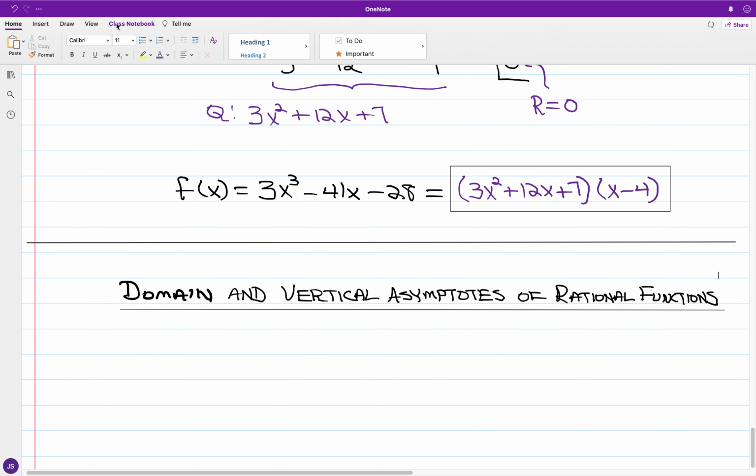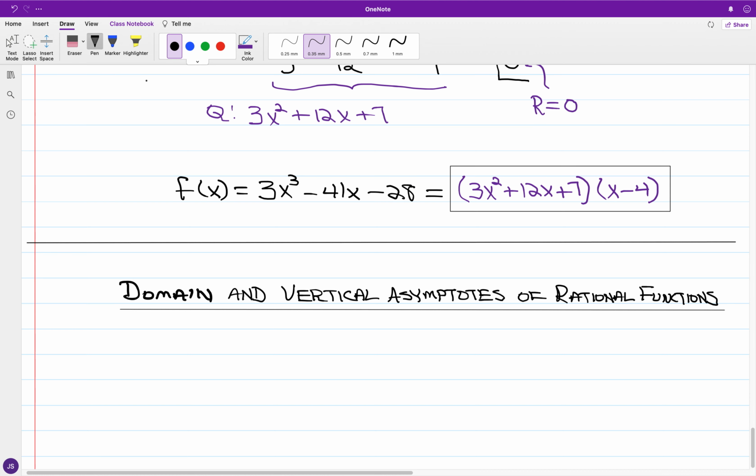Now, for a rational function, we could say f of x, but I'm going to designate a different variable: r of x. By definition, regarding domain, it's going to be a lot of repetition on this one.